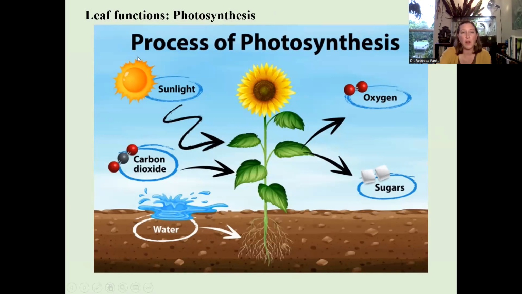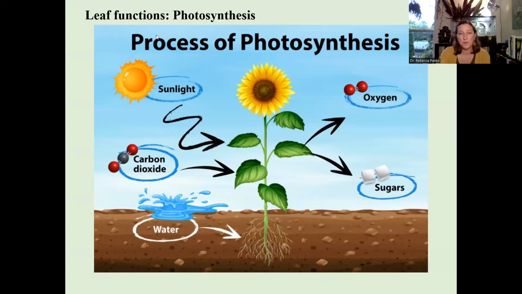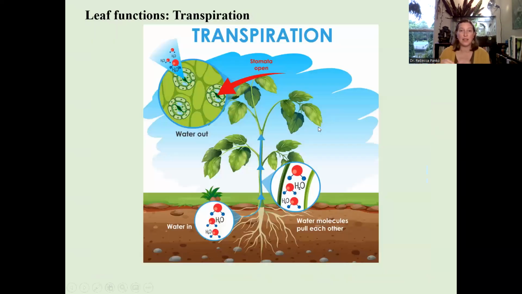I talked very briefly about photosynthesis in the first class, in that it's a process that plants use to convert sunlight, right, and carbon dioxide and water into oxygen and sugars, right here on the right side. So that's a very important process, and that is going to happen in the leaf.